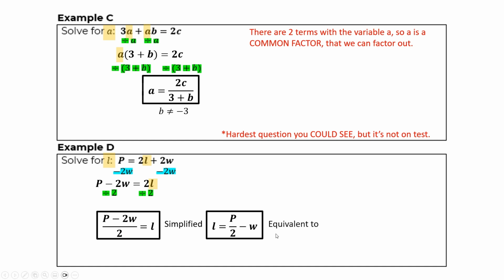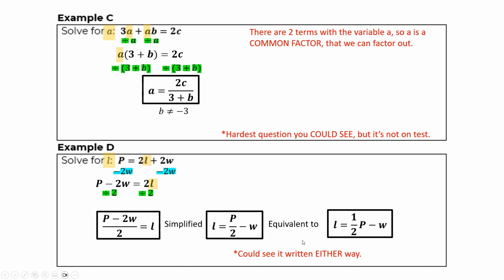There's one more way you could see this written, and they are absolutely the same. They are equivalent, or equal: L is equal to 1/2 P minus w. You could see it written in a test situation in either form, okay? Either P over 2 or 1/2 P. Those mean the exact same thing.